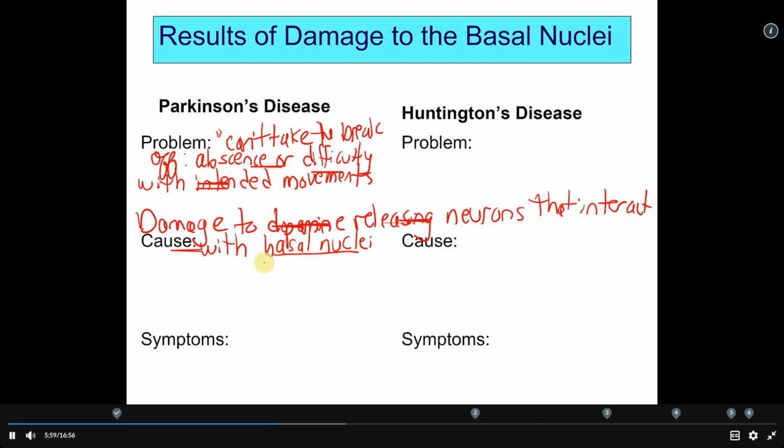Now, all neurons rely on regular communication with other neurons, in other words, regular action potentials in order to stay healthy. So as the dopamine releasing neurons are damaged, they stop sending as many action potentials, the frequency gets less, and the basal nuclei begin to deteriorate. And eventually they are destroyed.